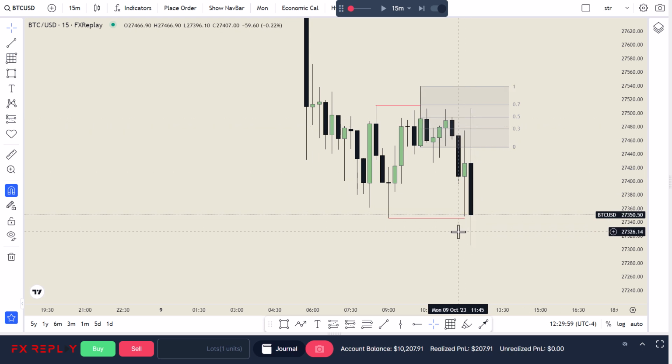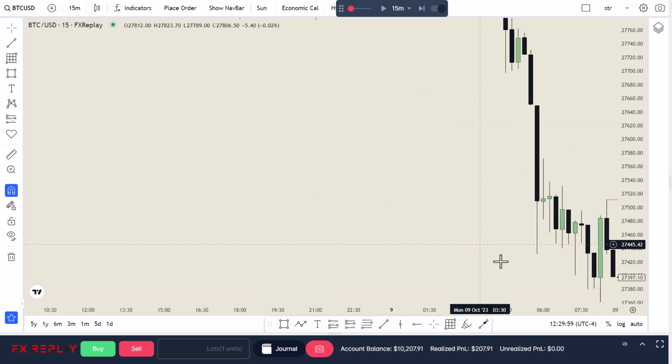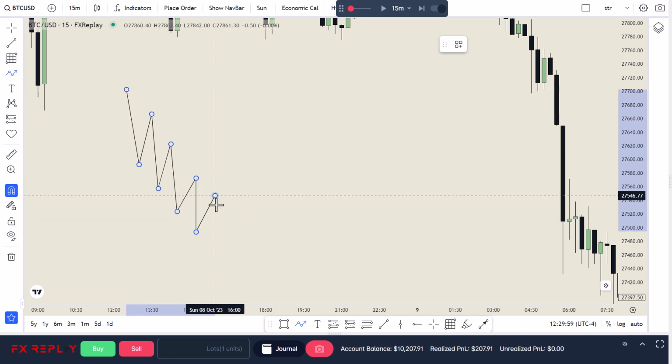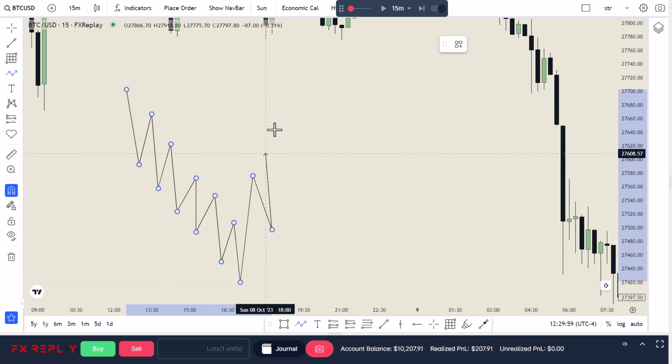If we close below it, then from this high to this low becomes another range, or another swing point, and this would be the low that we target. As you know, if you are familiar with swing points, the more swing points or the more expansions you have, the more likely that price is going to reverse on you.